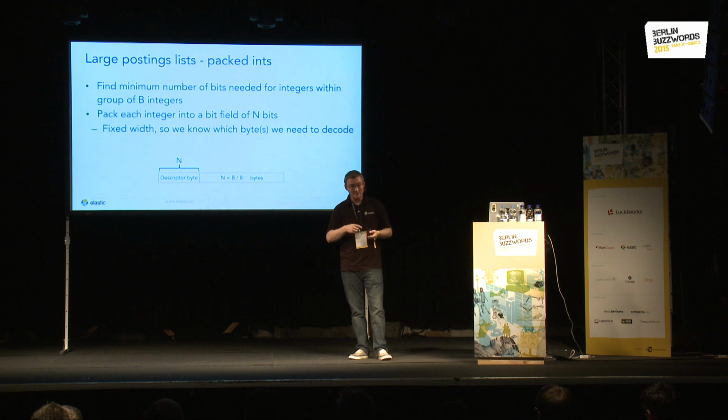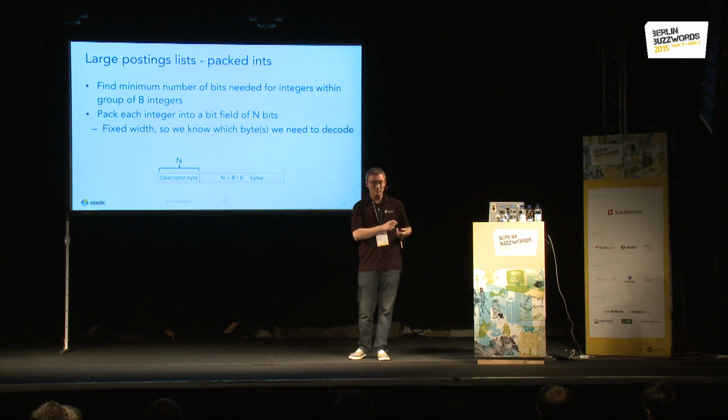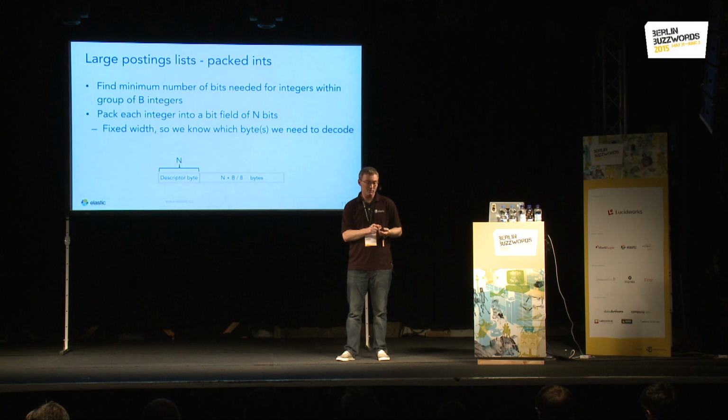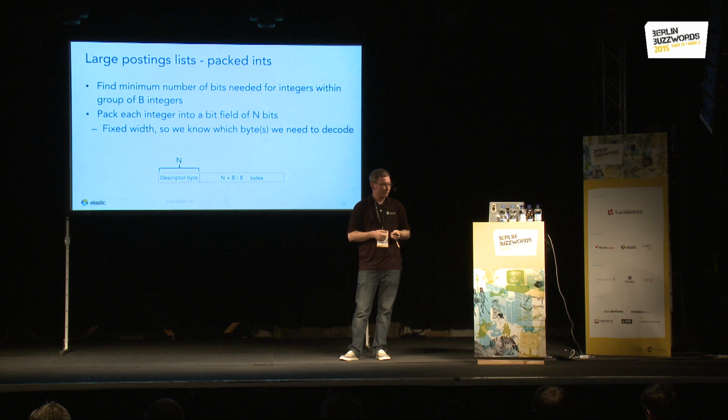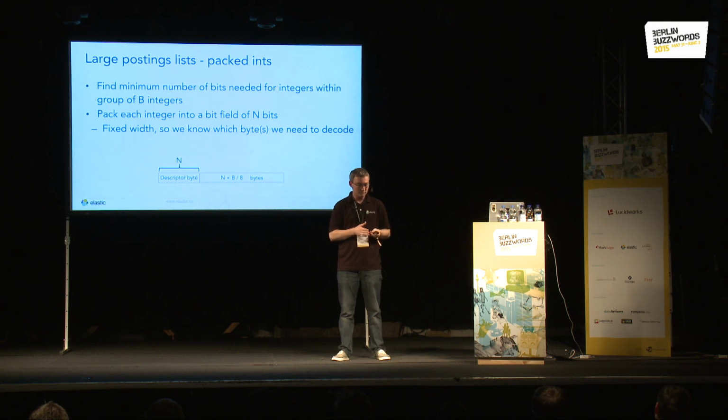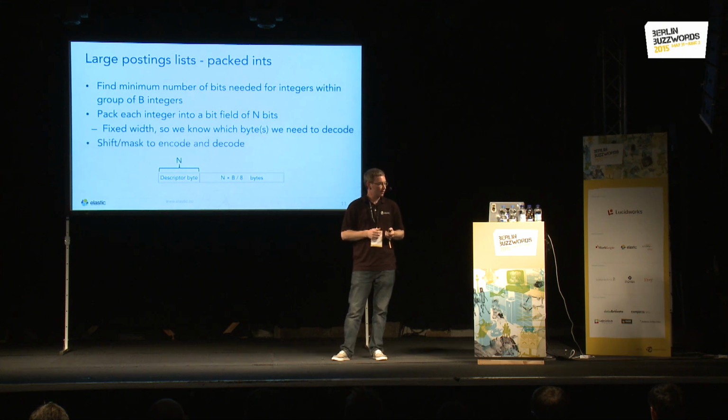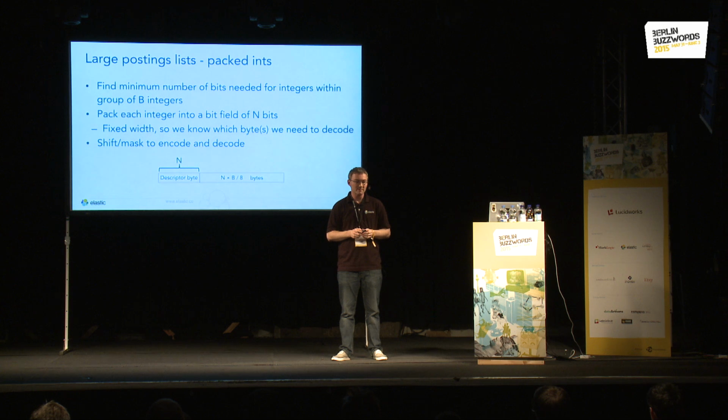And then when we're trying to decode, because we know ahead of time the size of that bit field, we can use simple offset math, right? So you see here, we just have to multiply and divide, right? And then, again, shifts and masks similar to vbyte.